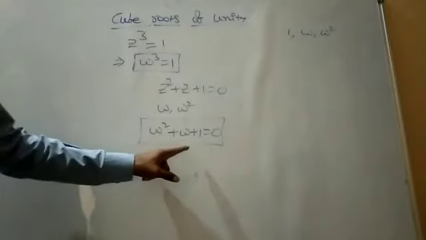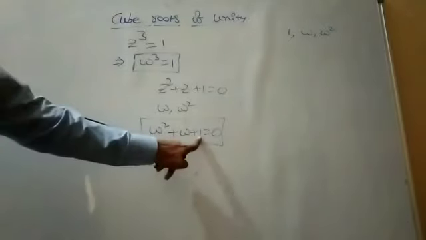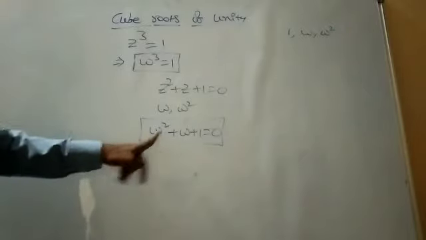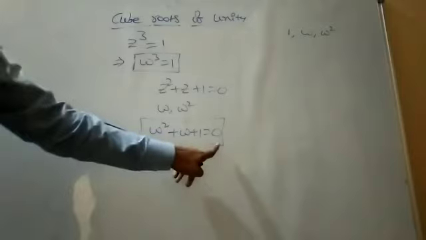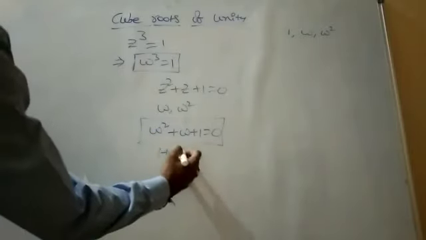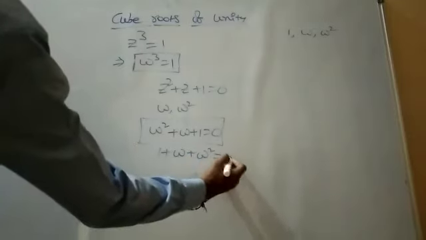Observe this, the sum of the cube roots of unity: 1 is one root, omega one root, omega square also one root, 3 roots. The sum of the cube roots of unity is equal to what? 0. Means 1 plus omega plus omega square is equal to 0.